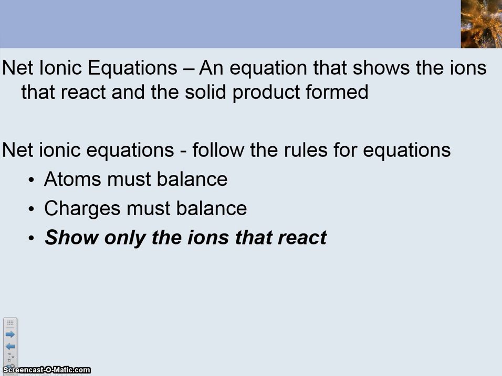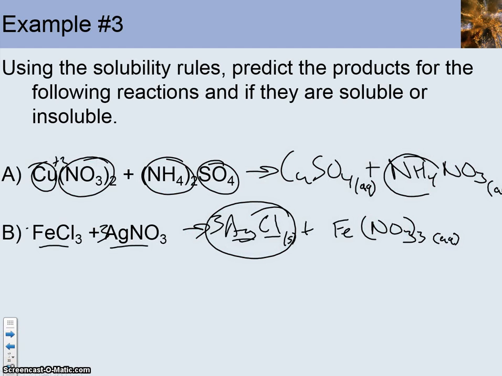All right, so we can boil that equation down into what we call a net ionic equation. This just shows the reaction between the ions in solution that are forming that solid product. So from the previous example, really the only thing that's happening is, well, these here are both aqueous, so the iron's not really with the chloride, and the silver's not really with the nitrate.